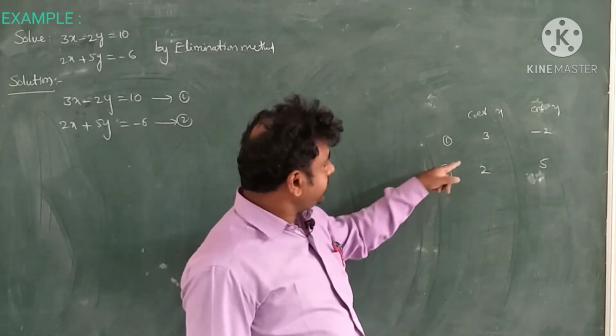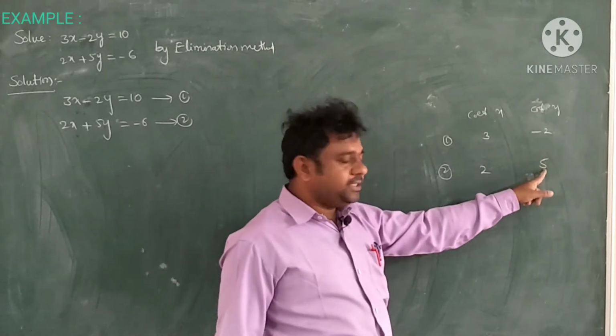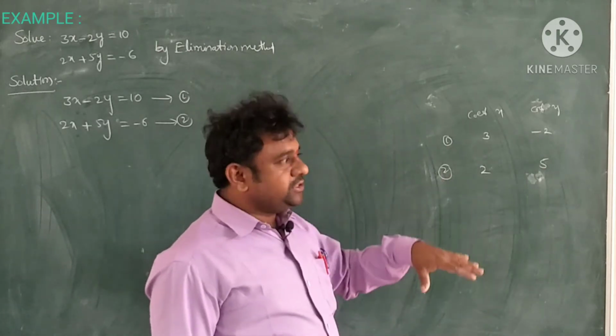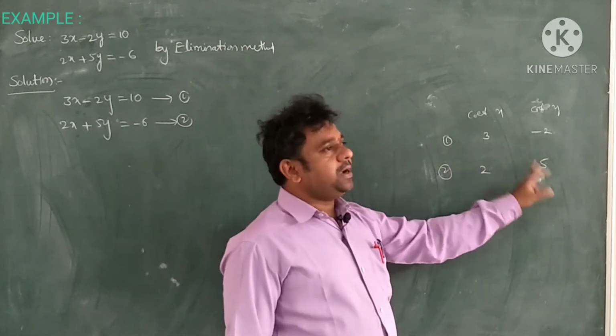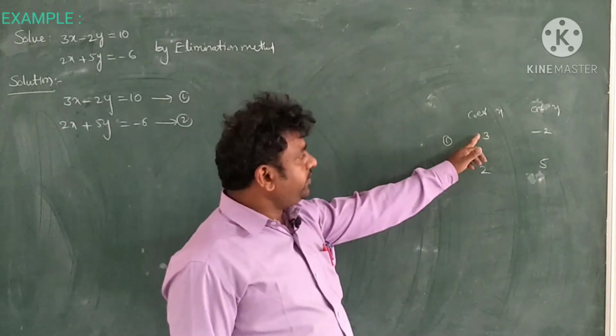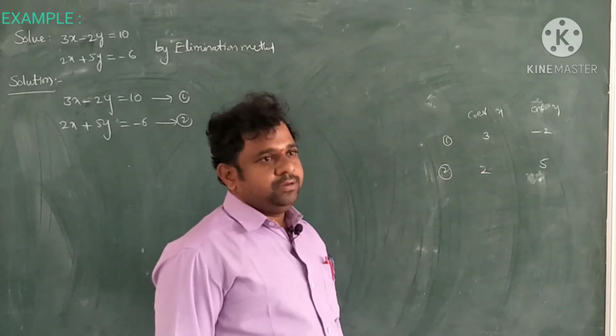Can we make 2 as 3? No. Can we make minus 2 as 5? No. In this situation, there is no common factor for either the x's or the y's.